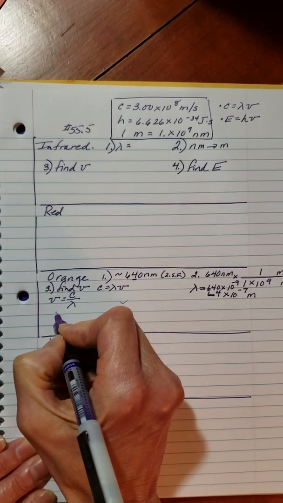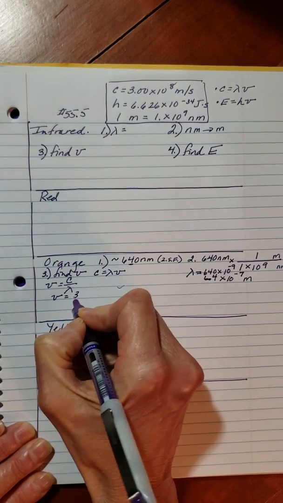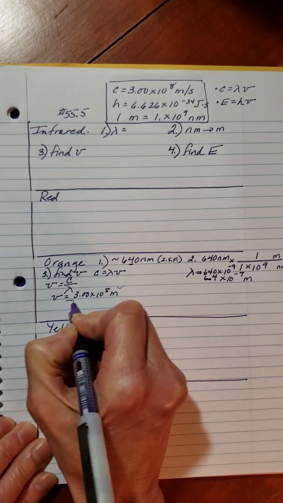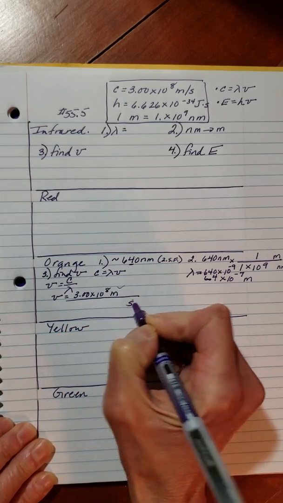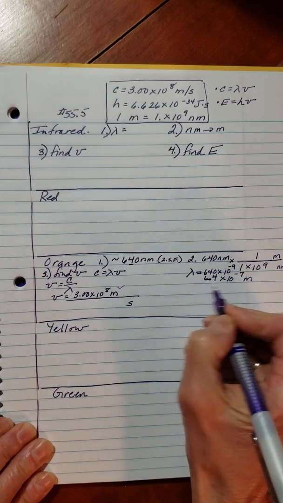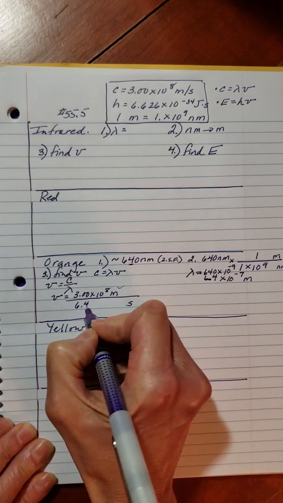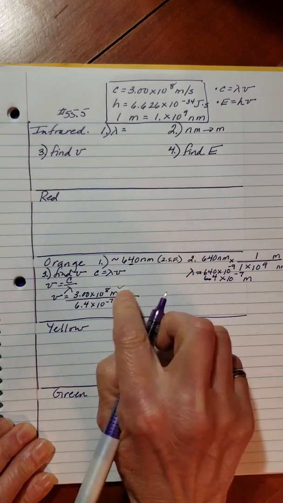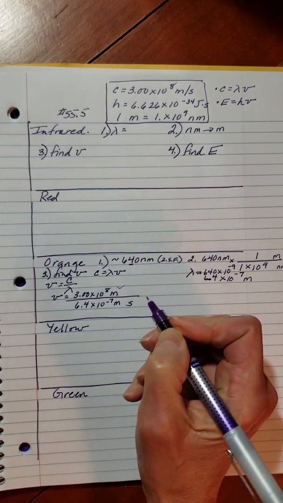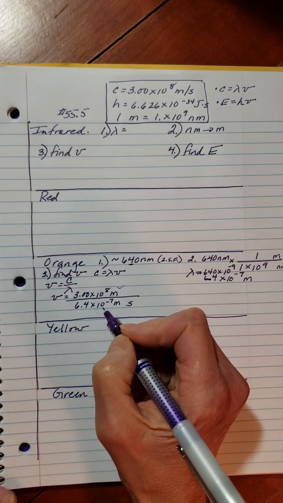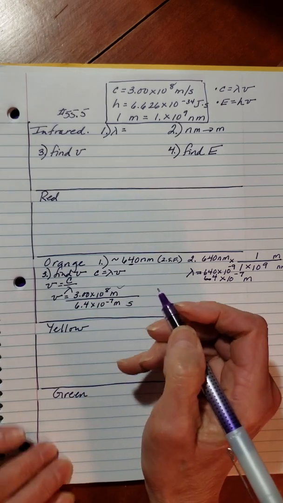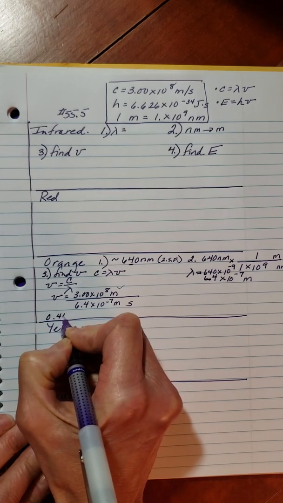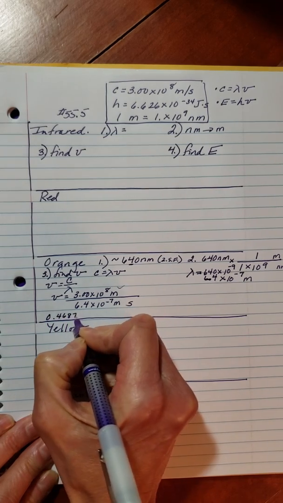So I'm going to have frequency equals 3.00 times 10 to the 8th meters per second on top, and then my lambda is going to be from over here, 6.4 times 10 to the negative 7th, has to match. That's why we converted to meters. Alrighty. Now, at this point, when I do my math, I'm going to come up with something that looks like 0.4687, and so on.